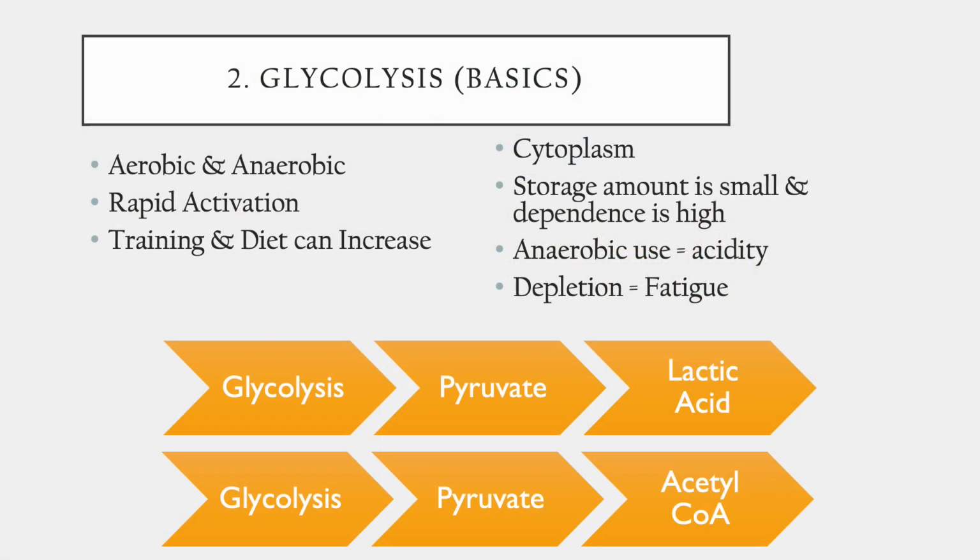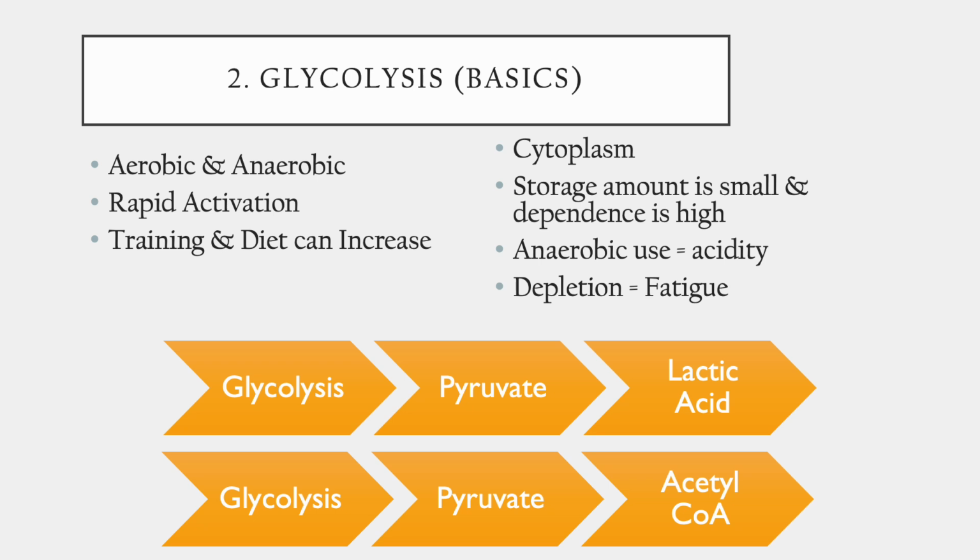The second energy system, glycolysis. We've been saying that glycolysis has two pathways, and you can see that down at the bottom. So what is glycolysis? Glycolysis is the breakdown of glucose and forms pyruvate with the production of two molecules of ATP.